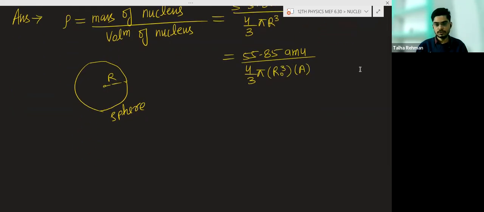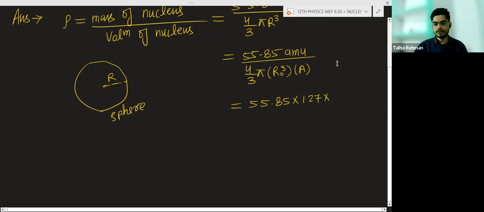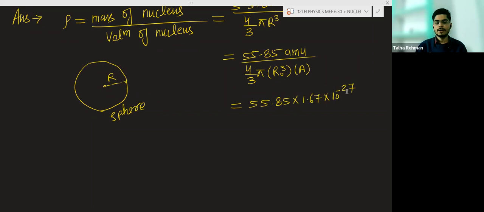Now put the values. 55.85 and 1 AMU is 1.67 into 10 to the power minus 27, divided by 4 upon 3, put the value of pi 3.14, and r naught cube means 1.2 into 10 to the power minus 15 cube, multiplied by A, given in the question, 56.